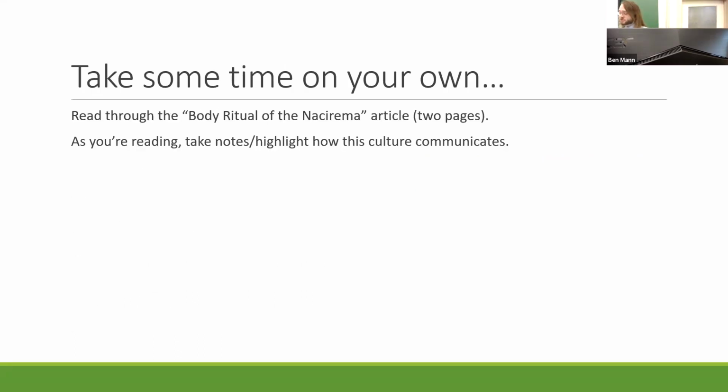And what I want you to do is just to take some time to work through this reading. It's 2 pages, and as you're reading, take notes and highlight. You can also highlight in this if you want to. You're welcome to keep it. Note some of the ways in which you see this culture communicated. So you can pull it up online or work through that on paper. Raise your hand if you would like a paper copy. Keep your hand up until I get to you.